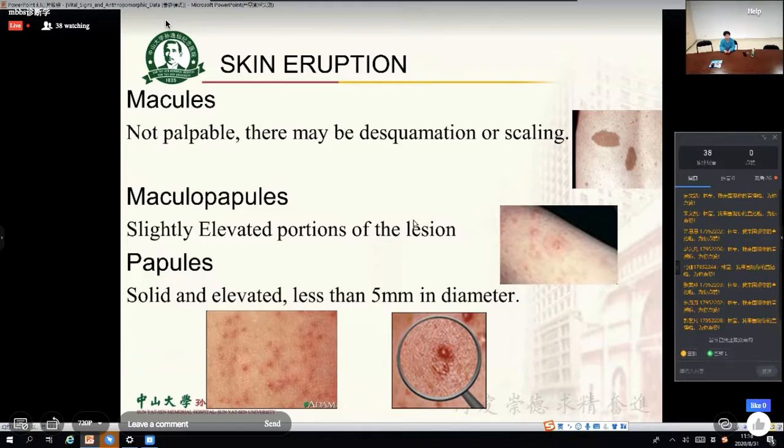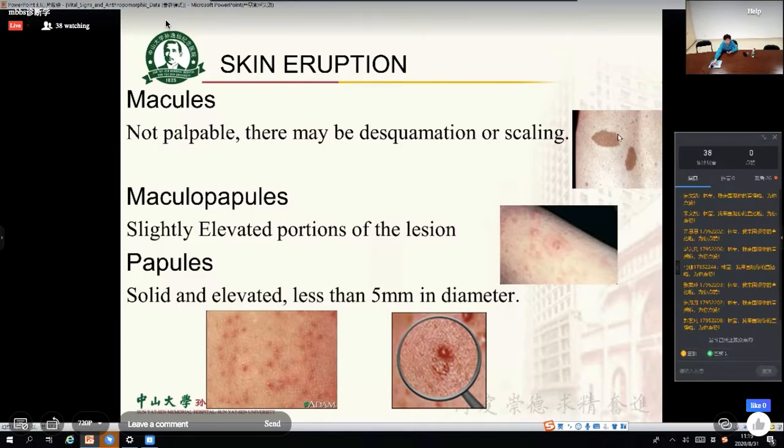There are certain skin lesions, like maculas. Maculas are not palpable, and they may show desquamation or scaling. These are what we call maculas. The second is the maculopapule, a slightly elevated portion of the lesion, like this.